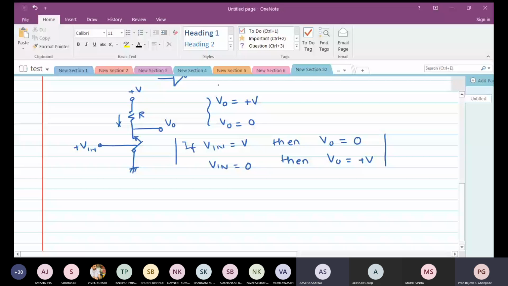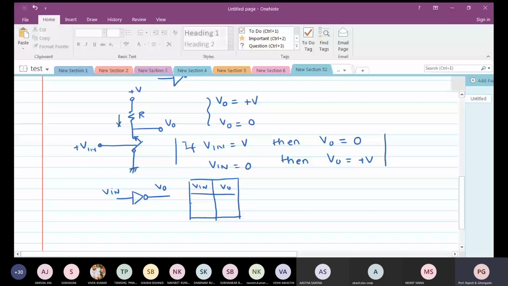So don't you think this mimics what is called the NOT gate? What is the truth table for the NOT gate? If V in is 0, V out is 1; if V in is 1, V out is 0.